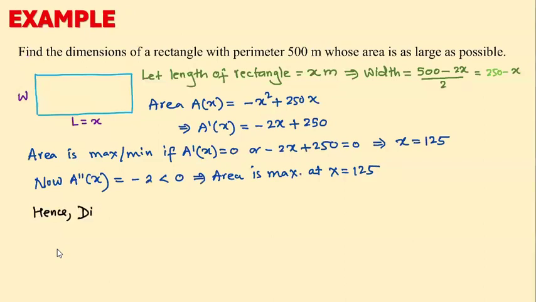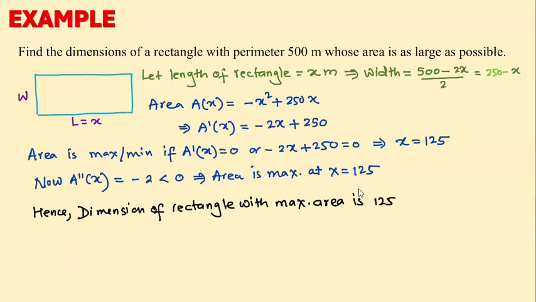Hence, we say the dimension of the rectangle with maximum area is, so we got the length, that is 125 meters, by the width. Width is 250 minus x. 250 minus 125, that's also 125. So 125 by 125 means a square. If this rectangle is in fact a square, then the area will be maximum.